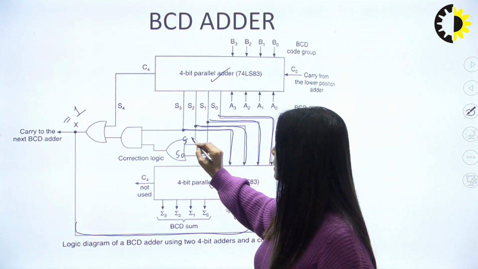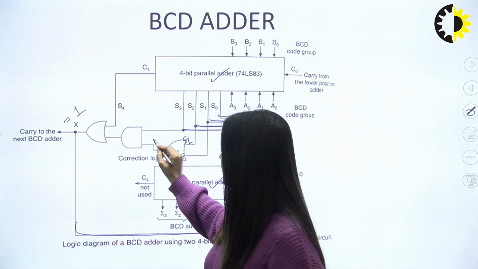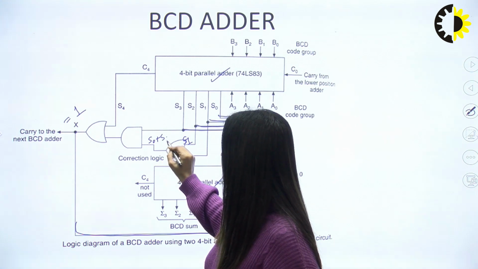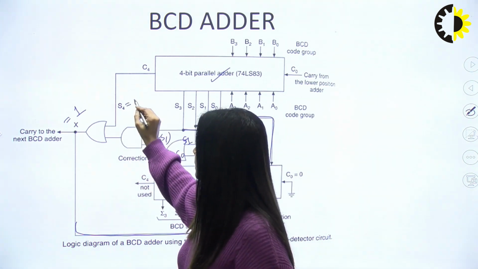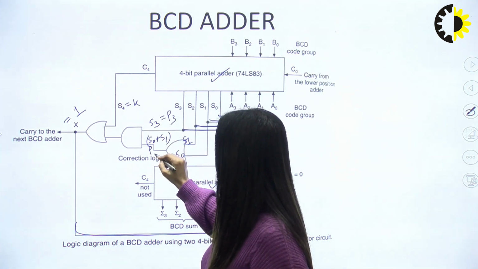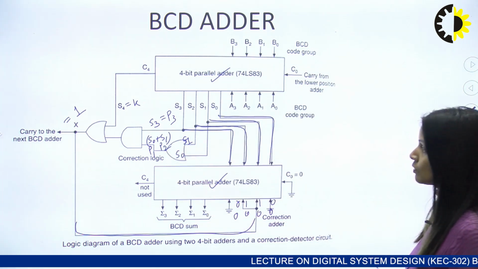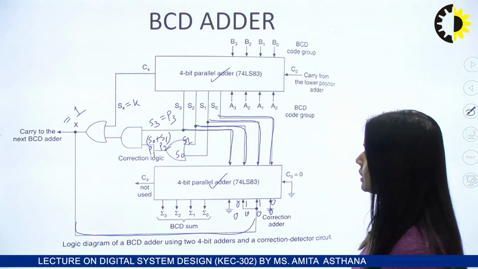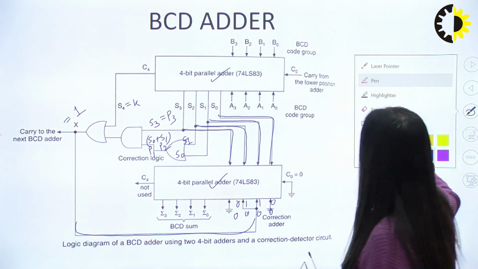And this is nothing but the S0, S1 and S0 plus S1, S3, and this is K, this is P3, this is P1, and this is P2. Okay. So in the same way we can design this circuit.